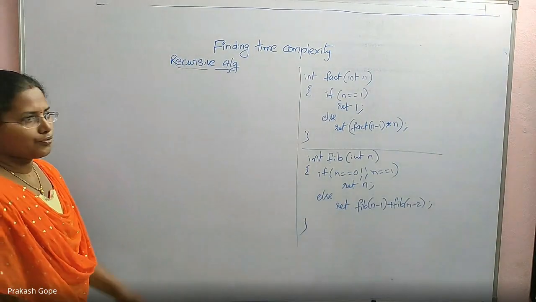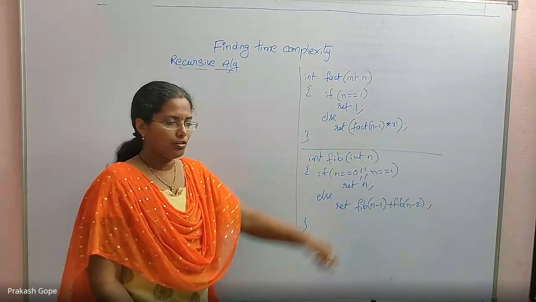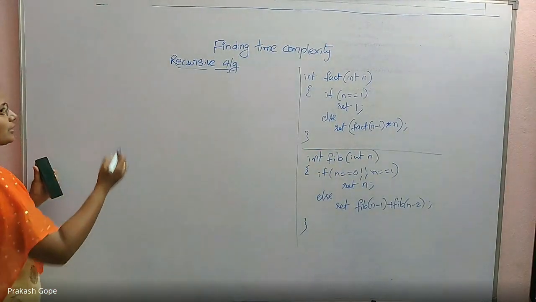Write the recurrence relations for time complexity also, and for the return value also, so that you will be habituated to it.